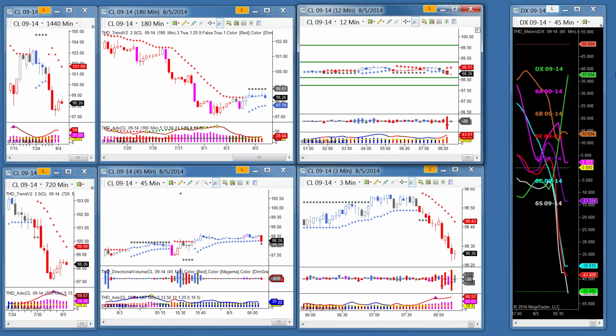It has not found it yet. Do y'all understand that? Now you've pretty much outlined the areas that will support or resist a price movement.